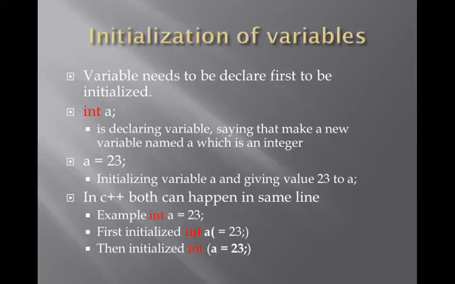And in C++, both can happen in the same line. You can declare and initialize at the same time. You can say int a equals 23. So first we declared as int a, then initialized it with the number 23, in the same line.